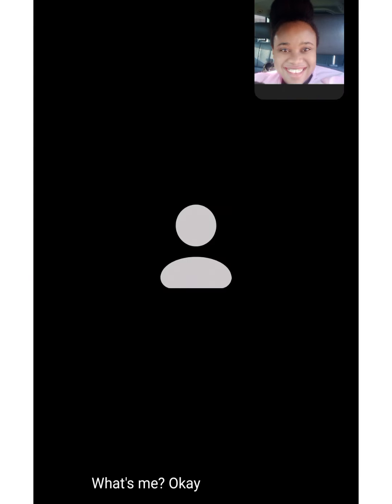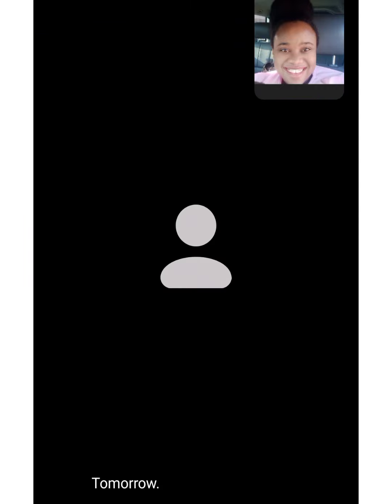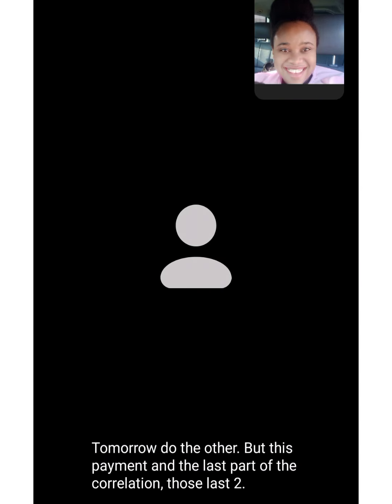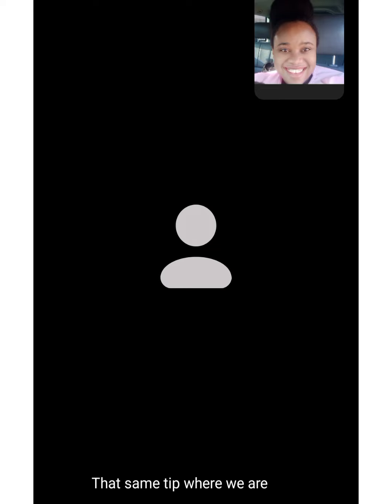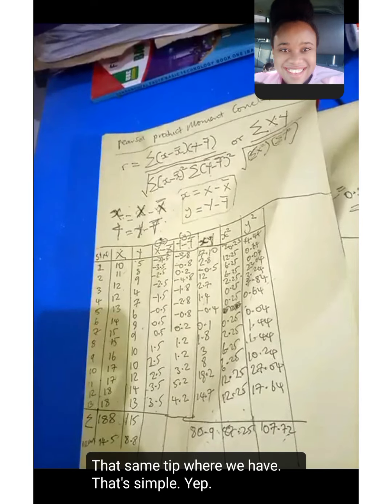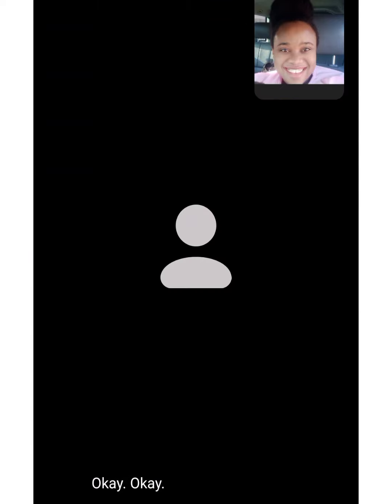I don't know how my schedule will be. Can we do it tomorrow? Tomorrow we'll do the other part, the Spearman, and the last part of the correlation. I'm turning to page 199. That same table where we are. Okay, same part. Please, but also check this 170. There's one they put 0. I don't know how they put 0 there. Okay, let's look at the 199.